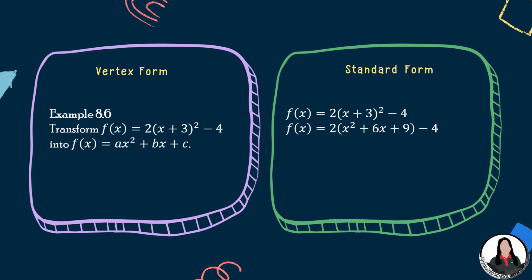Okay? So, perform the operation x plus 3 quantity squared. So, this will become x squared plus 6x plus 9 multiplied by the value of 2 here outside minus 4. So, this will become 2x squared plus 12x plus 18 minus 4. So, combining like terms, we have two constants here. This will become f of x equals 2x squared plus 12x plus 14.